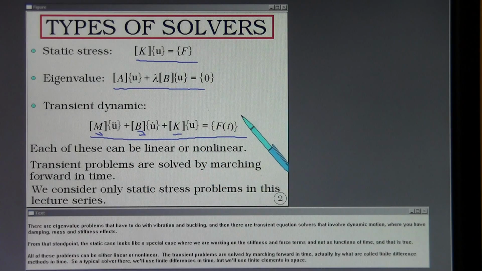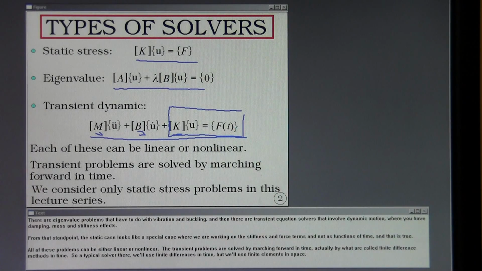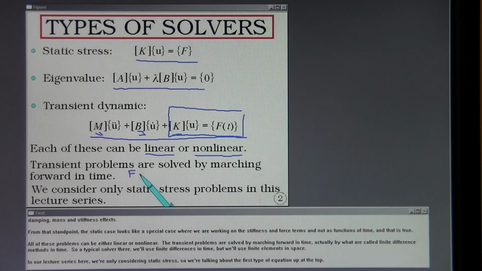From that standpoint, the static case looks like a special case where we are working on the stiffness and force terms and not as functions of time, and that is true. All of these problems can be either linear or nonlinear. The transient problems are solved by marching forward in time, actually by what are called finite difference methods in time.